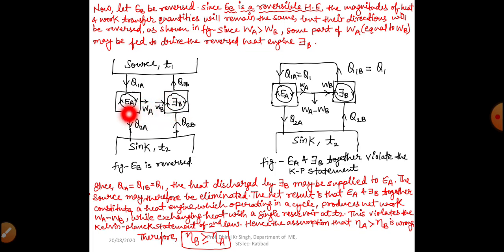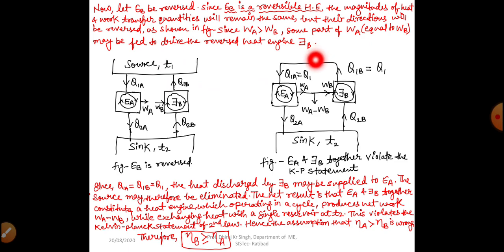So we can take WB amount from WA and feed our reversed heat engine B. It is written here, some part of WA equal to WB may be fed to drive the reversed heat engine EB.